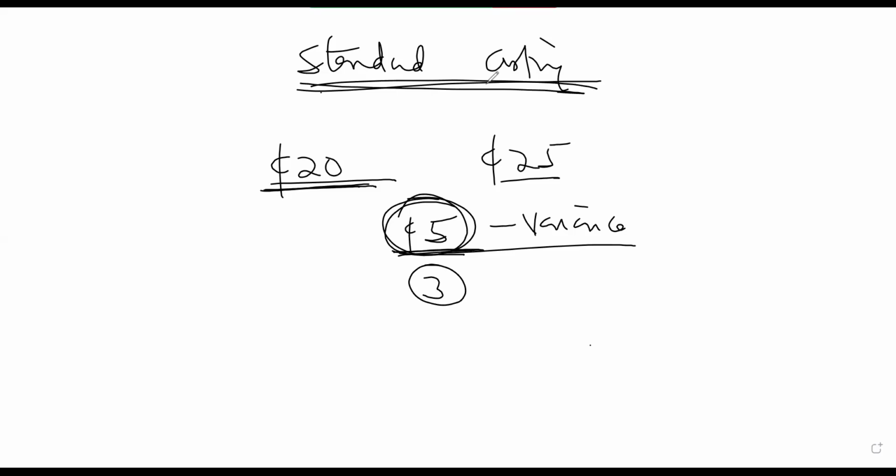But the variance is just the difference between the two. Going ahead to find out why the difference and correcting it so that next time the difference will not be that again, or is reduced, is what we call standard costing.